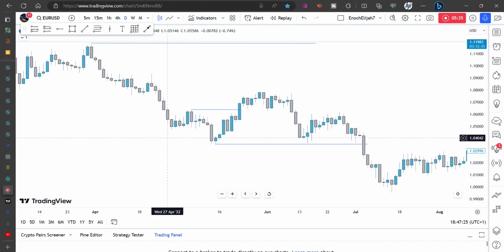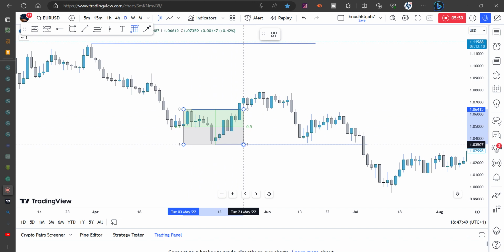Now, when this swing low formed with these three candles, it shows that price seems to want to reverse a little bit to a premium level to sell from. I will take my fib and measure it.